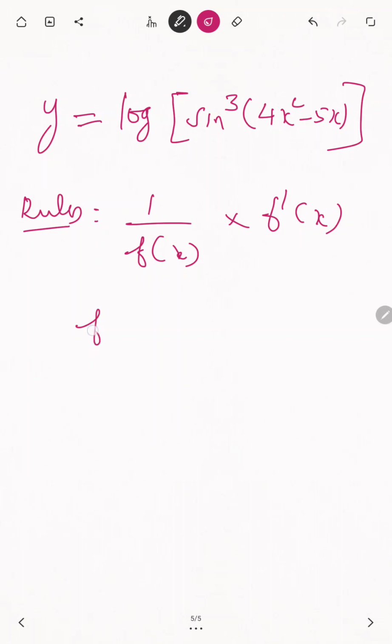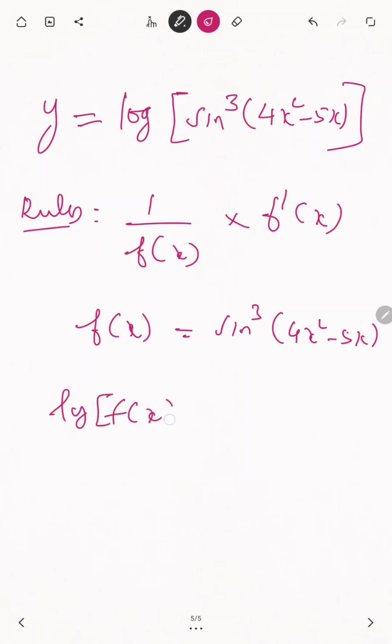Function means what? You have to understand. Logarithmic function. Function means sin cube of 4x square minus 5x. Whenever I am telling logarithmic function, then function denotes this.